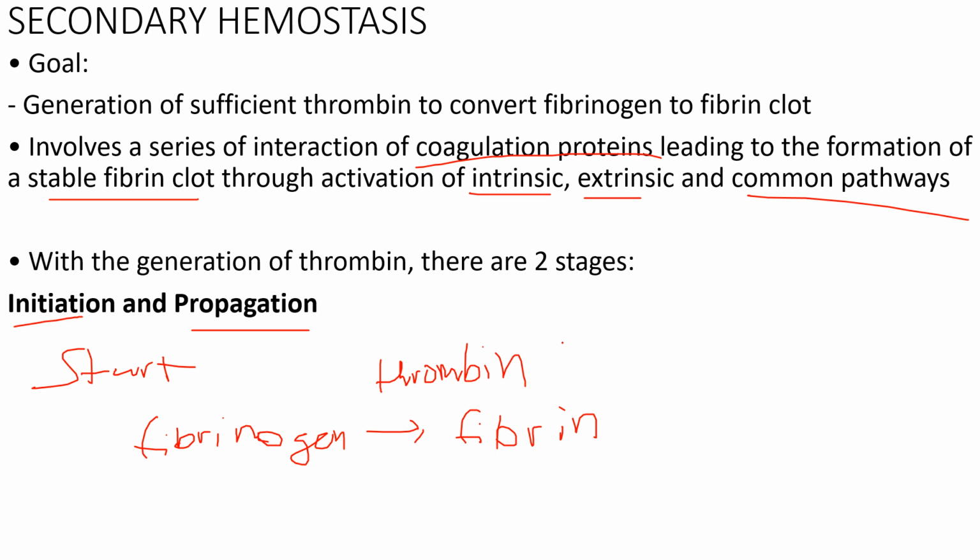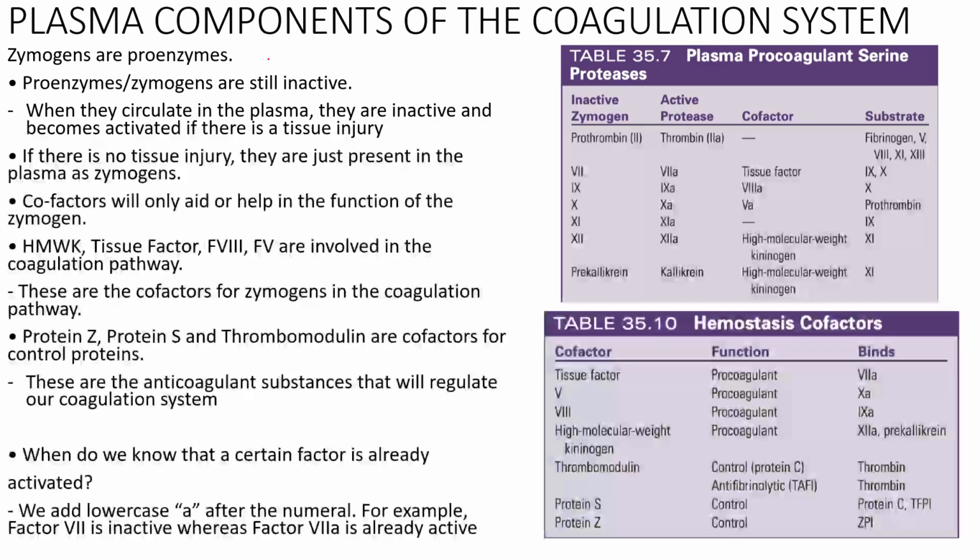Initiation is the start of the conversion of fibrinogen into fibrin by thrombin, while propagation is the increase in the number of thrombin, class, leading to more conversion of fibrinogen into fibrin.